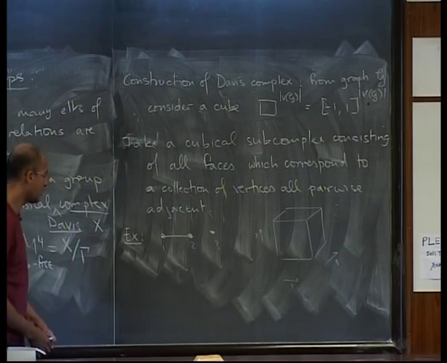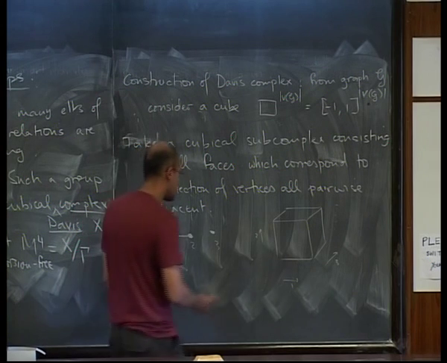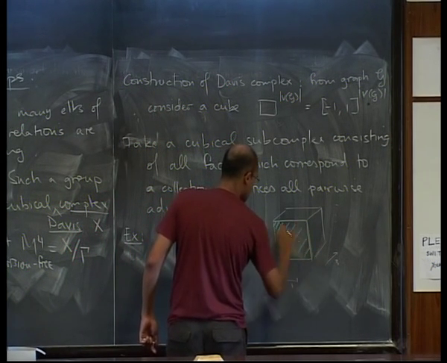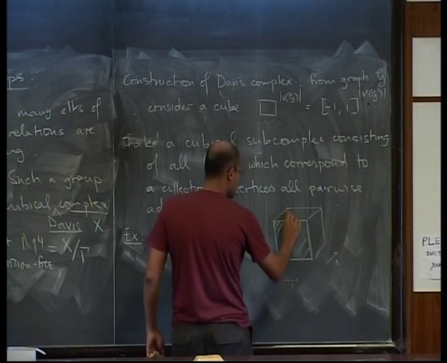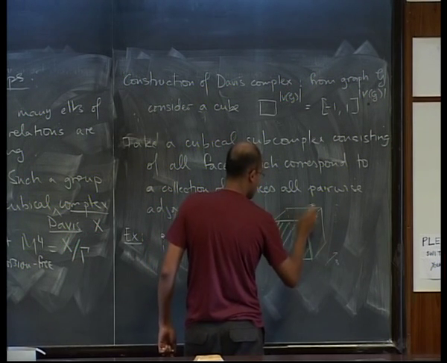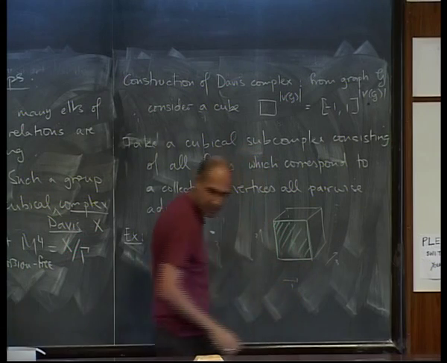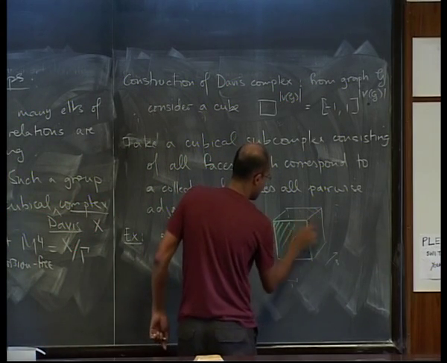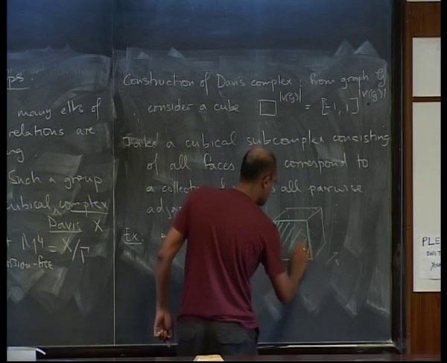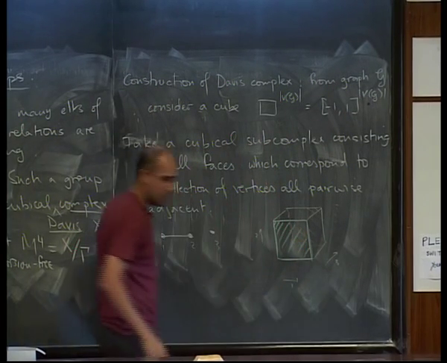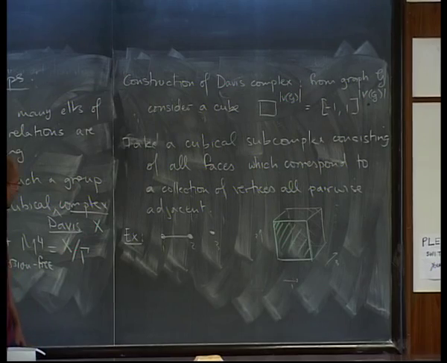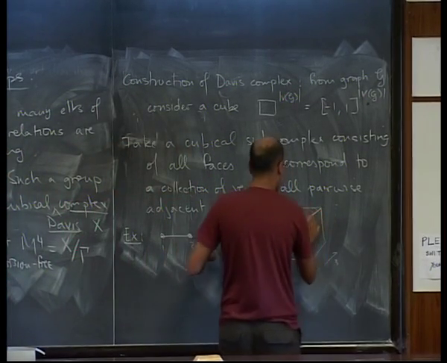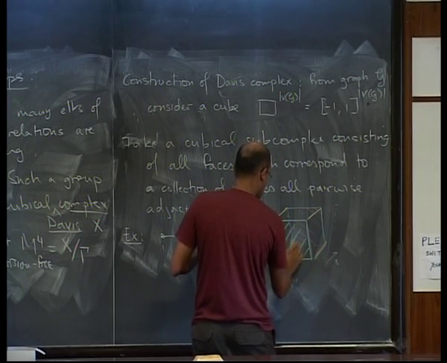Then all the faces that are parallel to 1, 2 get thrown in. So you get this front face, and then this back face. Maybe I'll use a different color for that. And then you've got these. So what else is left? Then you've got all the edges in here.